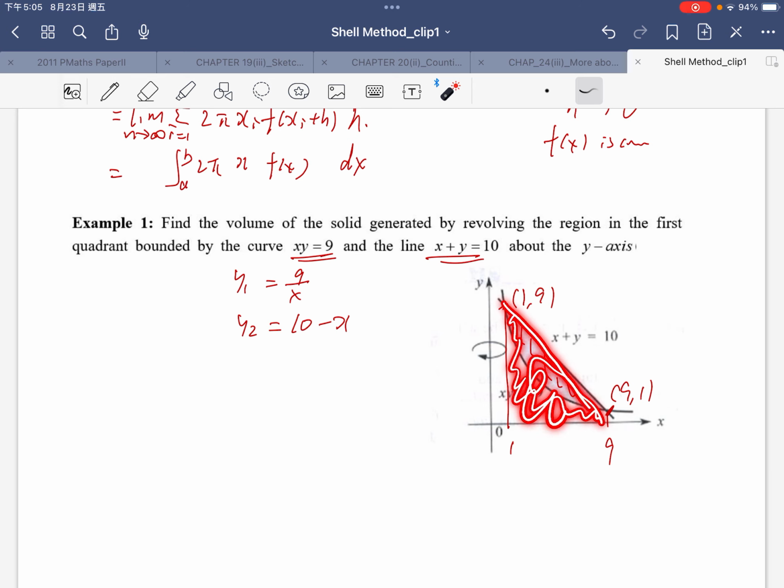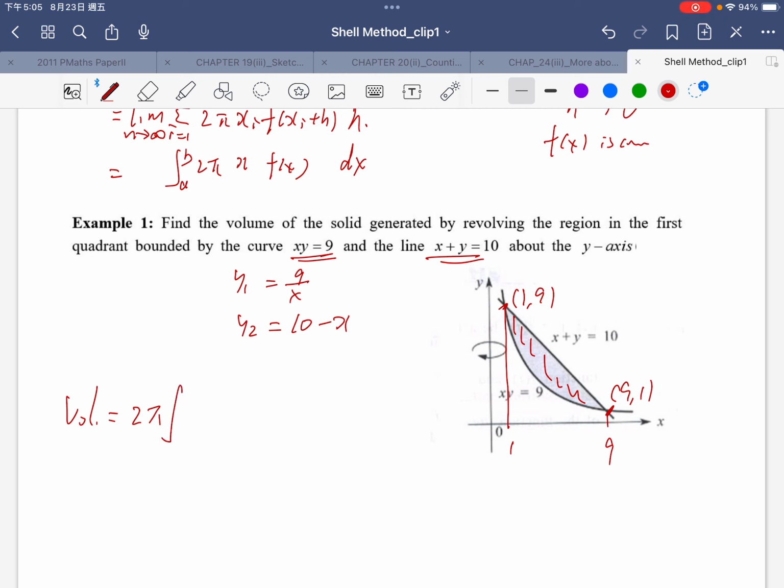By using the shell method, we calculate the straight line minus the curve. Therefore, by the formula, the volume should be equal to 2 pi from 1 to 9 of x times y2 dx, minus the curve, 2 pi from 1 to 9 of x times y1 dx.